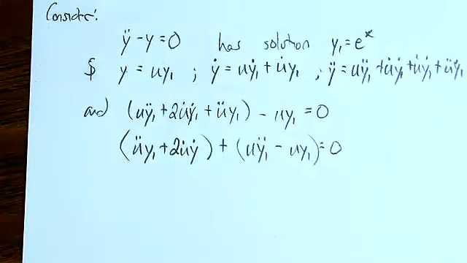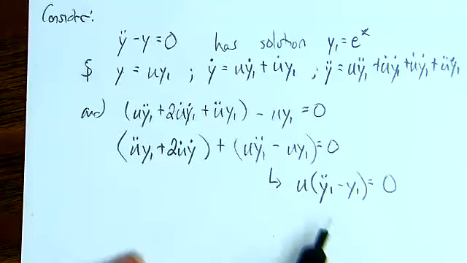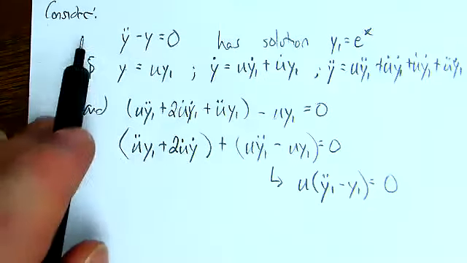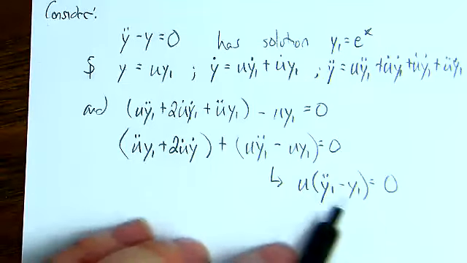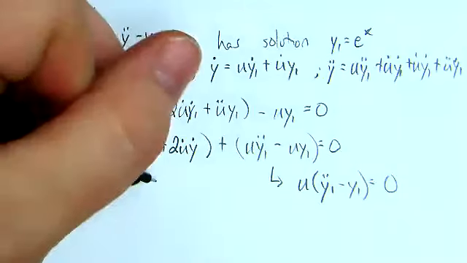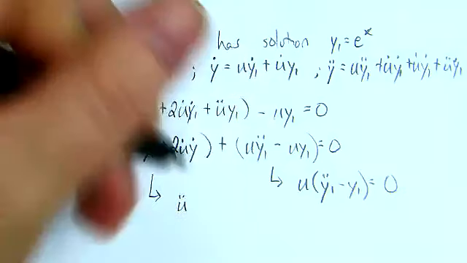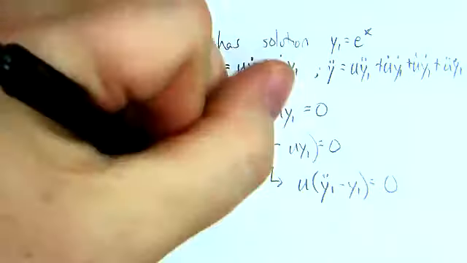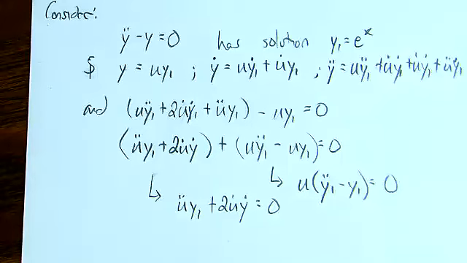Now what you'll notice is that in this second part, I can factor out the u, which gives me u times (y1 double dot minus y1) equals 0. But y1 double dot minus y1 was equal to 0 by our supposition. So this is always true regardless of what u is, and this is always going to be 0. That means it must be true that u double dot y1 plus 2 u dot y1 dot must equal 0.